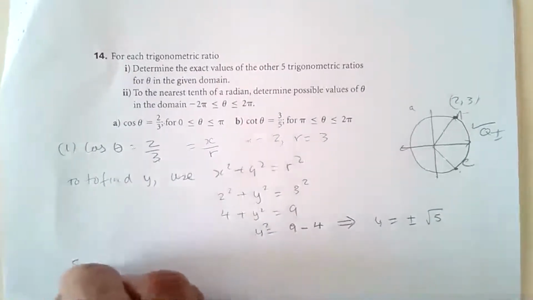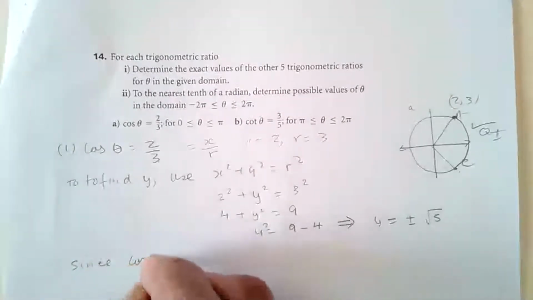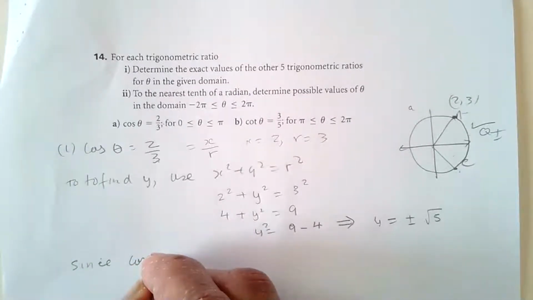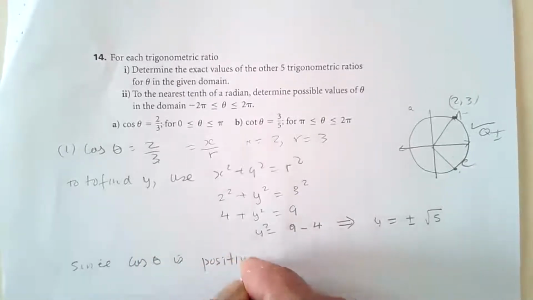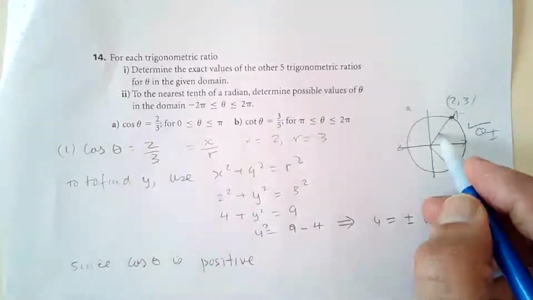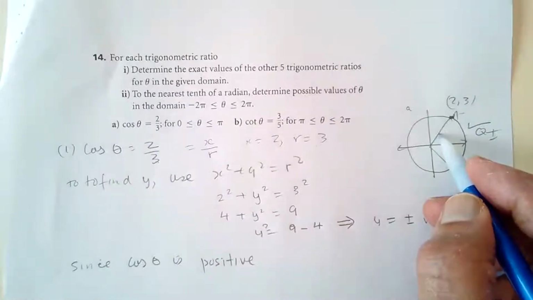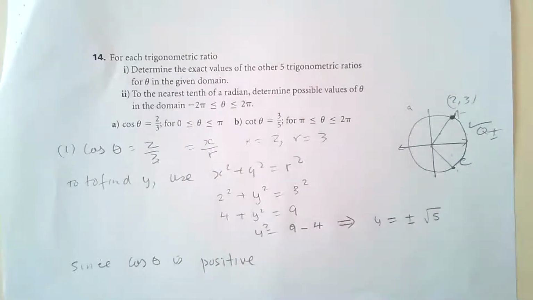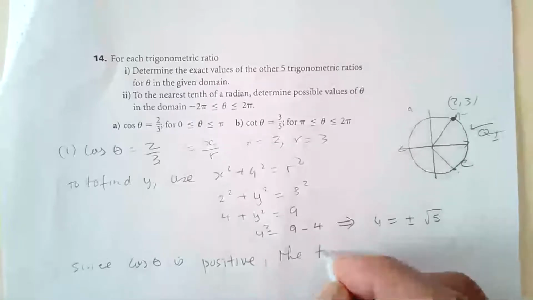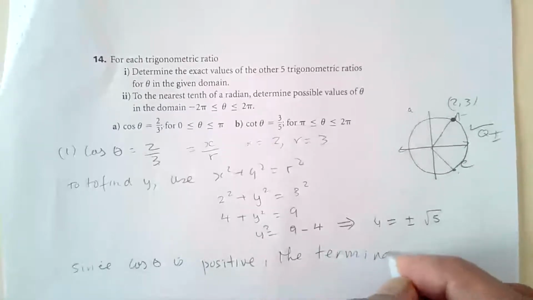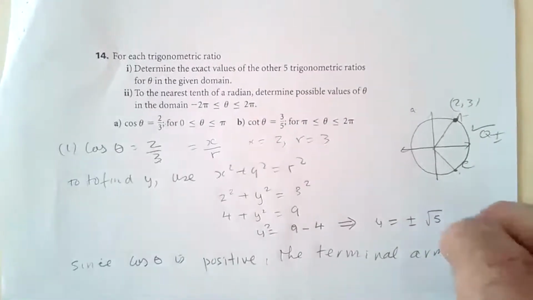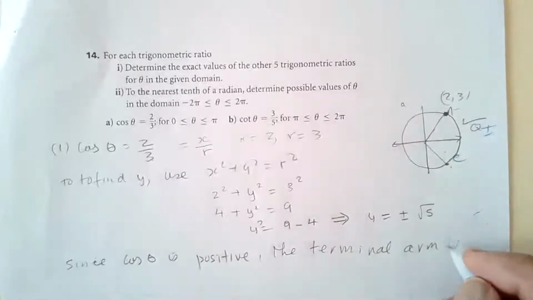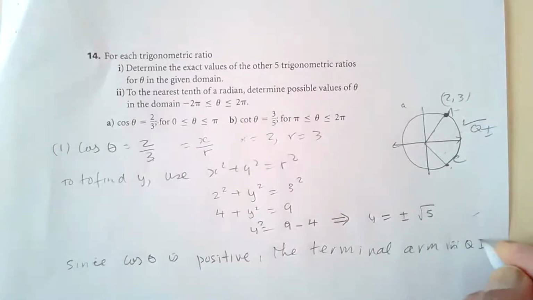Now, since cos theta is positive, we conclude the terminal arm lies here in quadrant 1.